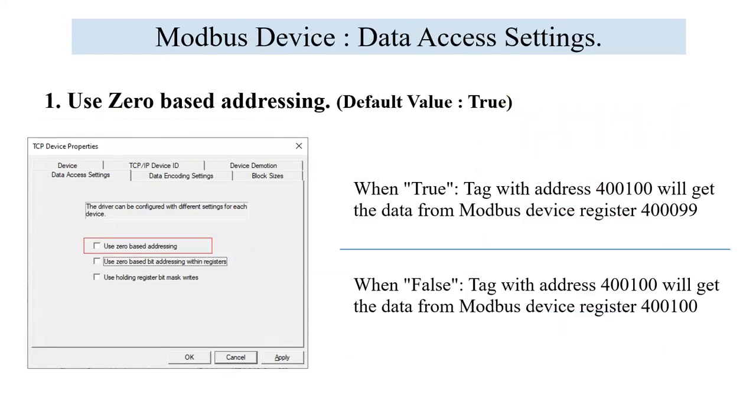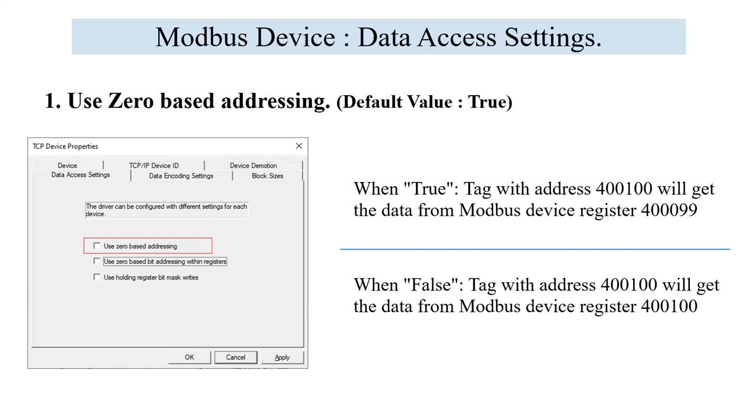Let us now look at some advanced settings for devices. While creating a device for a channel, you will see this setting. Generally, Modbus address space for coils is from 1 to 65,536. But there are devices out there which start their coil addresses from 0 instead of 1.